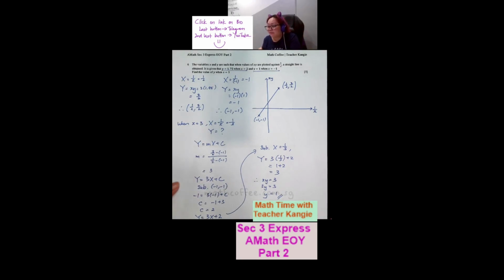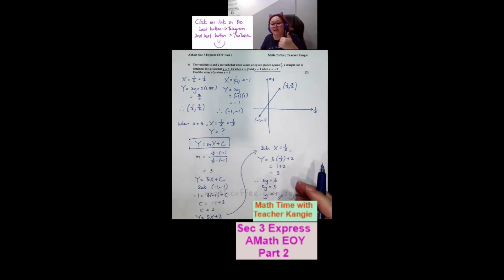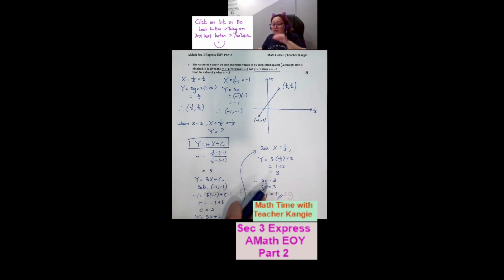This is a 5 marks question. Not tough. You need to be very strong with your y equals mx plus c, finding the gradient, finding the c. That is basically coordinate geometry that you learn in AMath Sec 3. Then the next thing is you need to be very clear on small x, small y, big X and big Y. I always tell my students, please write your big X really big, so it doesn't look like small x.